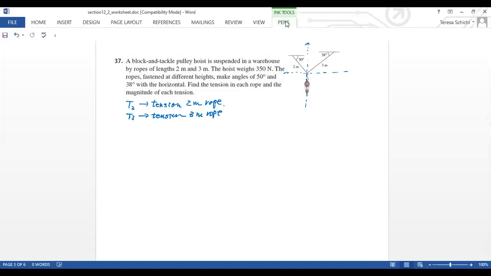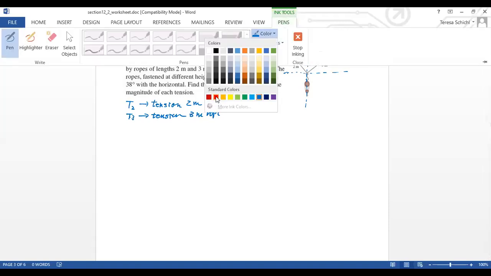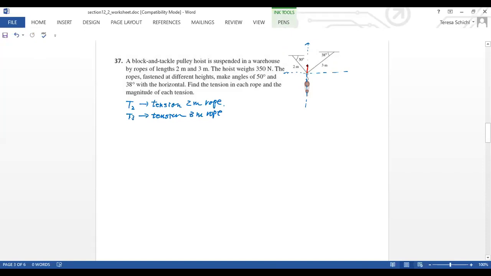That means you have a force pulling it up, and this force is 350. The ropes are in tension, but they have X directions and Y directions. So this is the overall force pulling it up, and then you have T2 and T3.